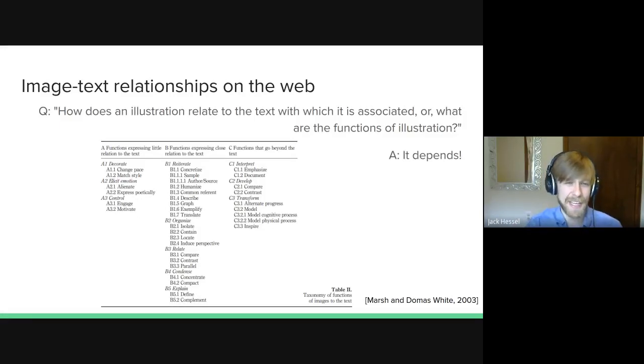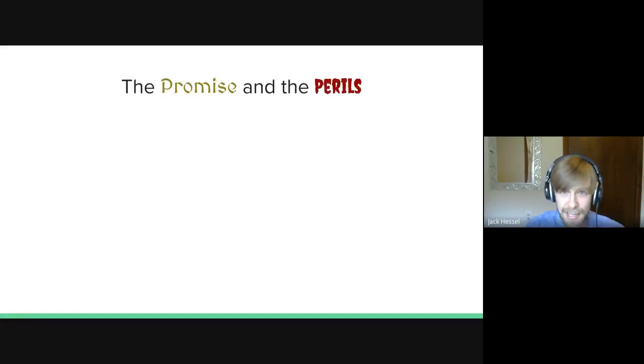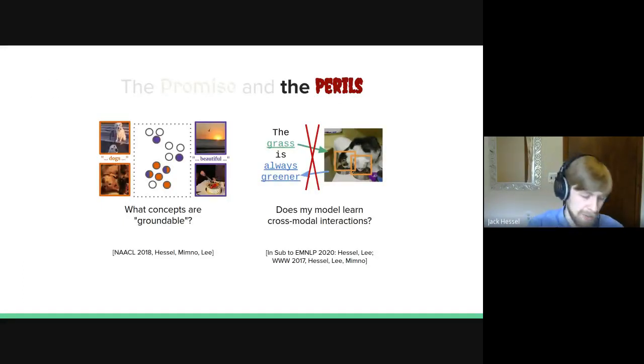And while I don't advocate for this particular taxonomy, or really any particular taxonomy, because I think it's a little bit inflexible for different context-specific communicative strategies, I do think the idea of an underlying typology to these types of communications is quite compelling. And indeed, these two projects I'm going to touch on today are all about examining image and text communication on the web beyond just literal description.